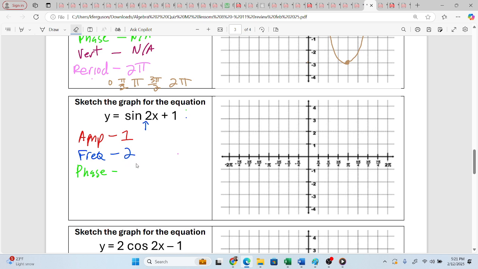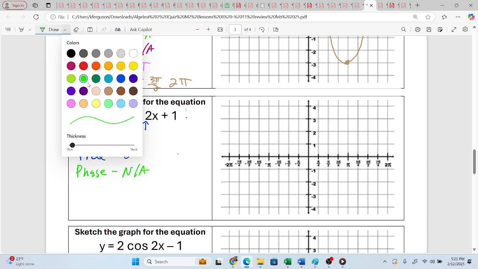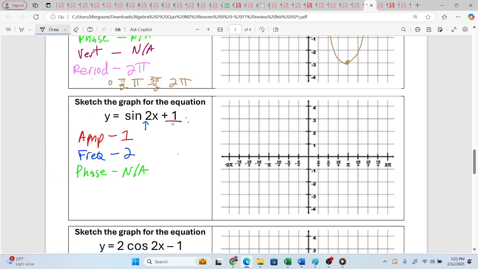So that means there is no phase shift. But vertical shift, the vertical shift is 1, and we're talking about sine. So let's see if we can get that going.